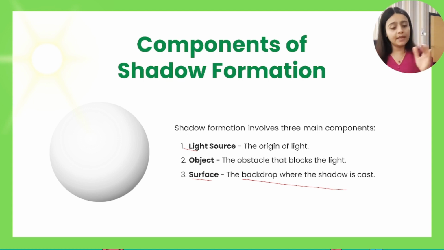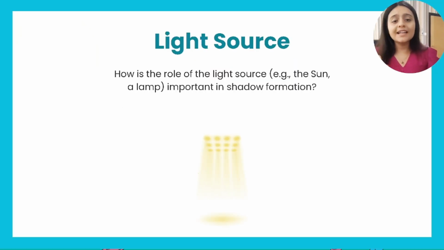That surface can be a road, can be a wall. Okay, so three components are involved in the formation of shadows: the light source, the object which is going to block that light, and the third, the surface where the shadow is going to be cast. Light source can be anything: the sun, the lamp.